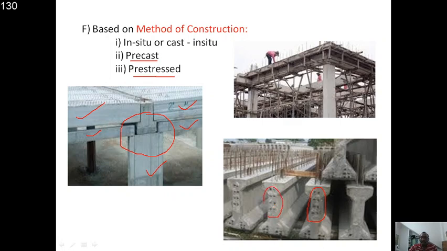We need to give some pre-stress, initial stress to the steel bars. You see here, a number of steel bars are projected outside. But in general, in any concrete member, we will not see those types of projections. But for pre-stressed concrete, we will notice the projection of steel bars outside because they are pre-stressed, right? So that it can take more loads.